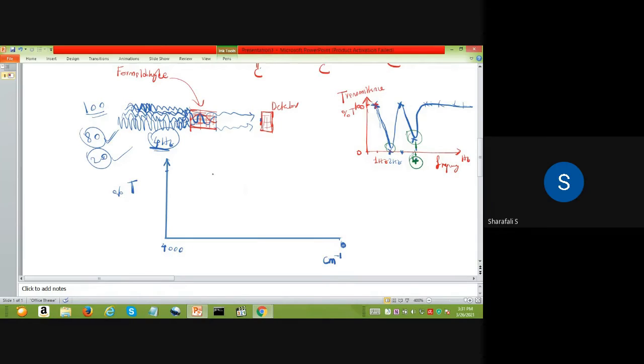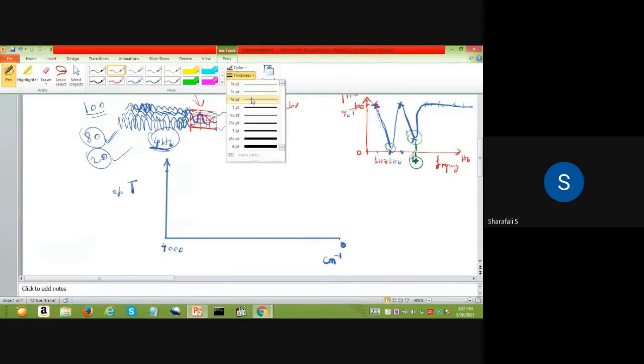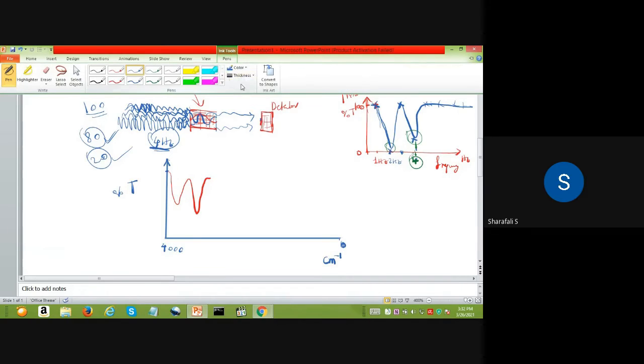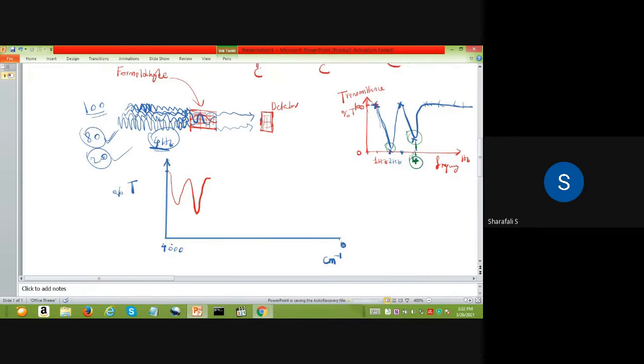Let's consider some different spectra. Let's say the spectra is like this. So this is 4000. Then let's say somewhere here this is 2000, then we have some 3000, right?